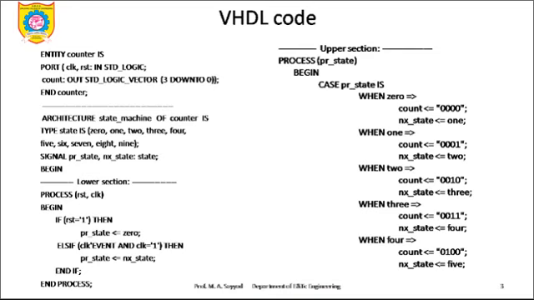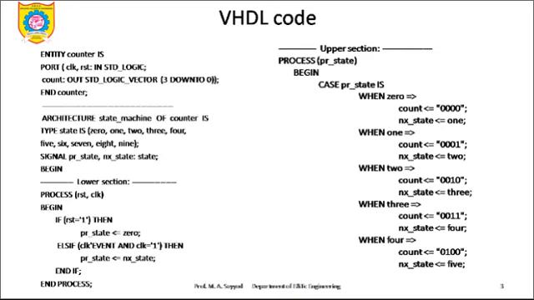The process lower section. The lower section is a sequential section, and it is dependent upon reset and clock. As already discussed, if reset is applied, then your present state must be the initial state. Hence, if reset is equal to 1, then PR underscore state is assigned 0.